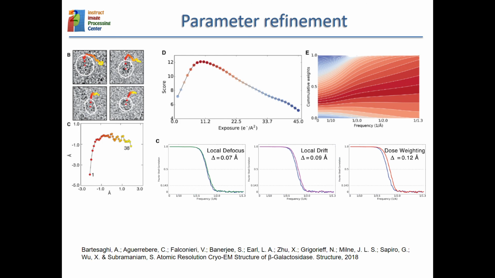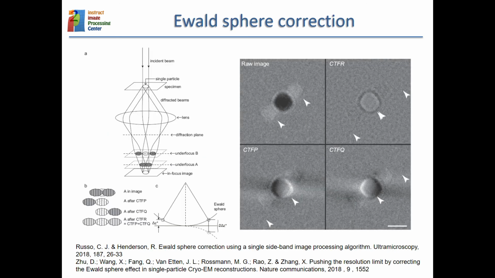So those frames that have been more damaged will get a smaller score or a smaller weight. And all these ideas are very nicely illustrated in this paper of Alberto Bartesaghi.